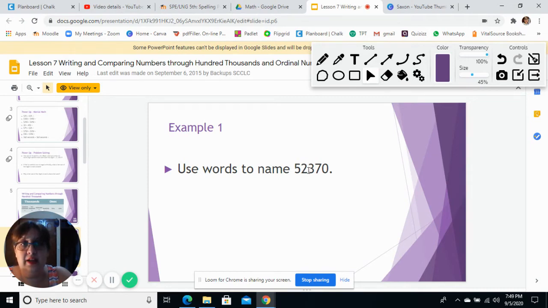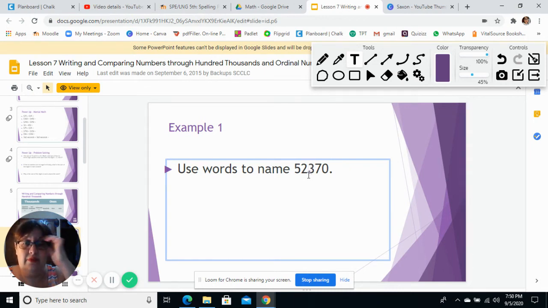So let's go ahead and place that comma there now. Okay, so go ahead and do that as well in your notes. Okay, but that will make our number much easier to read. Okay, you can't see it very well in here, but it's right there between the 2 and the 3.